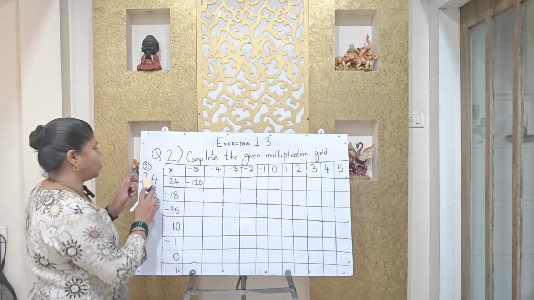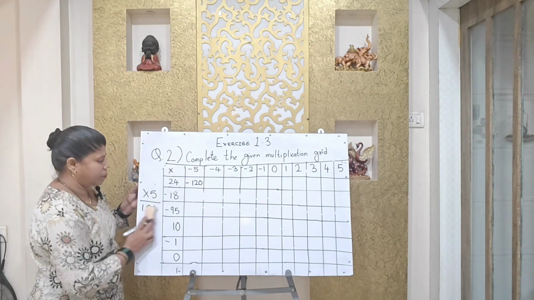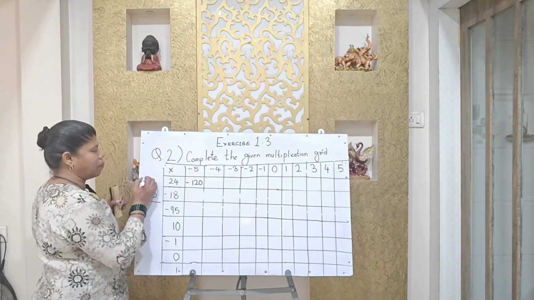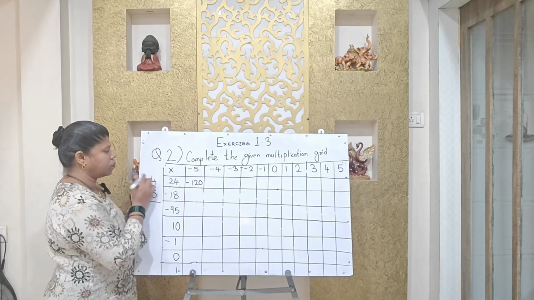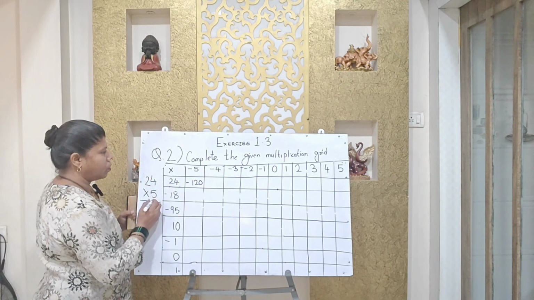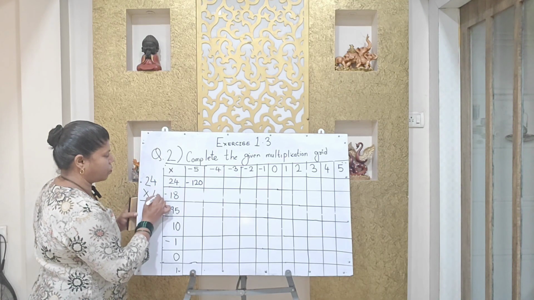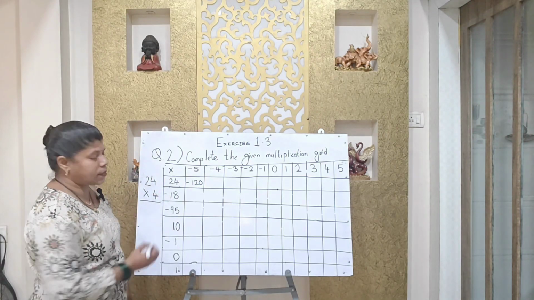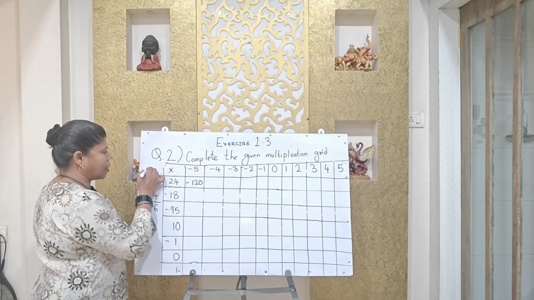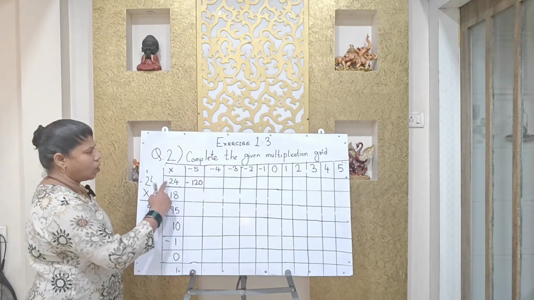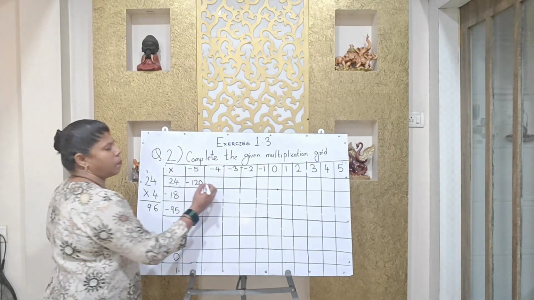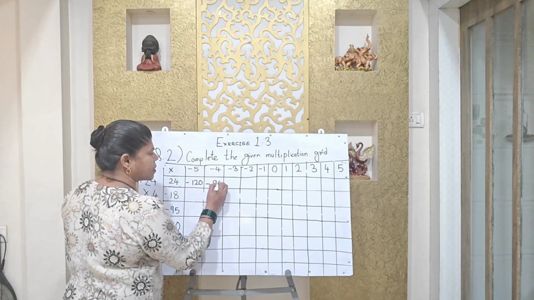One more time, we can do this with the help of multiplication. 4 fours are 16, carry 1, 4 twos are 8 and 1, 9. Positive, negative, negative 96.